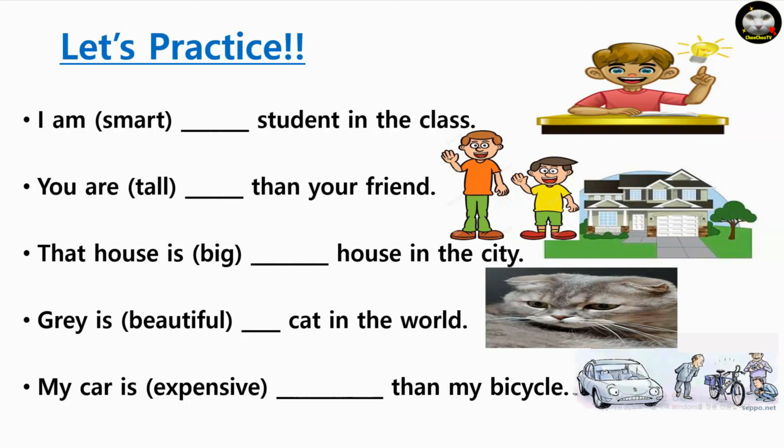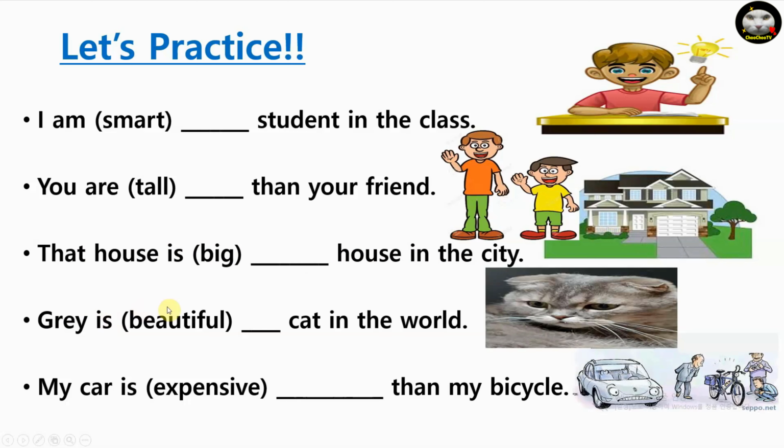So we're making a superlative sentence with rule number 1. That means we're changing the spelling. But remember, for superlative sentences, we add article the. So that house is the biggest house in the city. We add est. That house is the biggest house in the city.